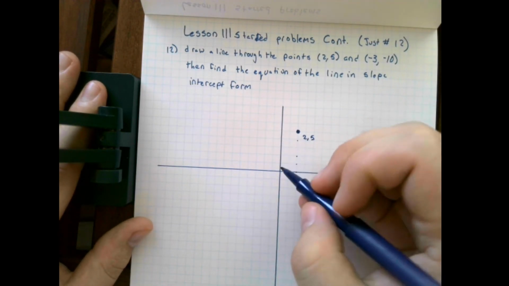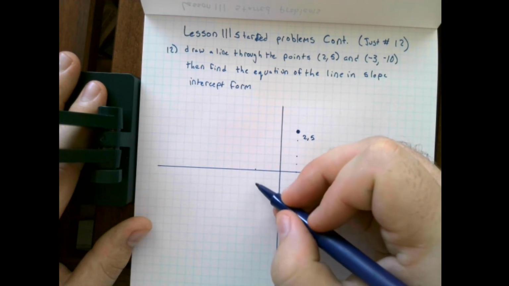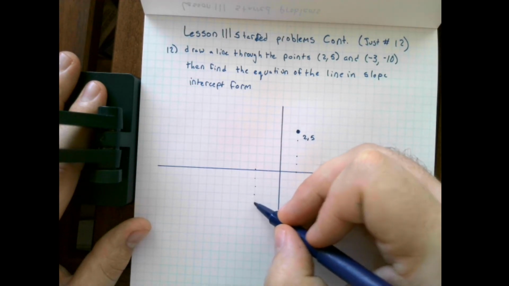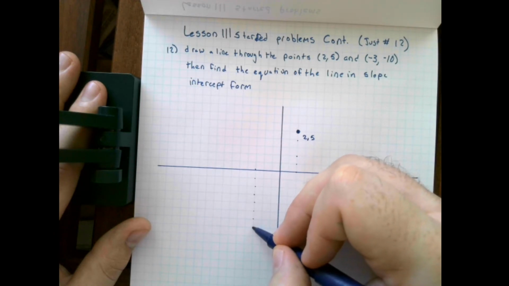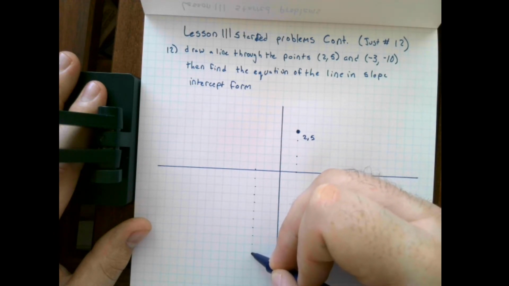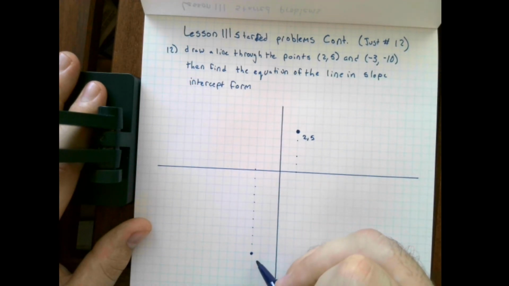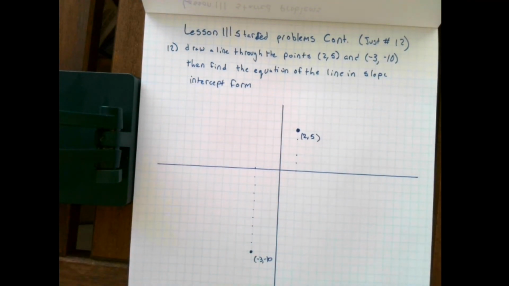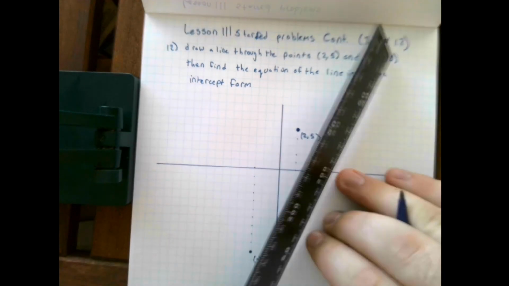And then I'm going to have -3, -10, there. And then we're going to draw a line that connects them.